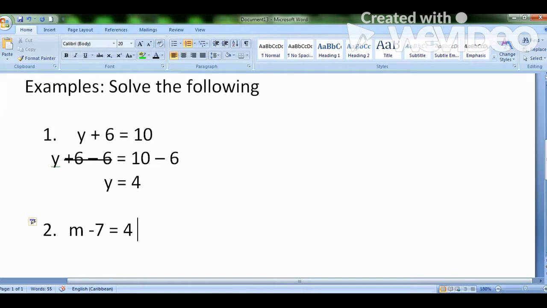What do we want? We want m, not true? So in other words, this is the left hand side, this is the right hand side. It's also an equation, not true? So I don't want that negative 7. I just want m alone.